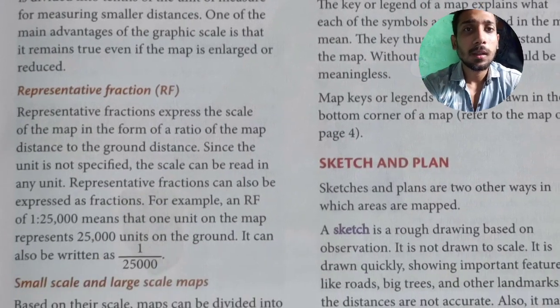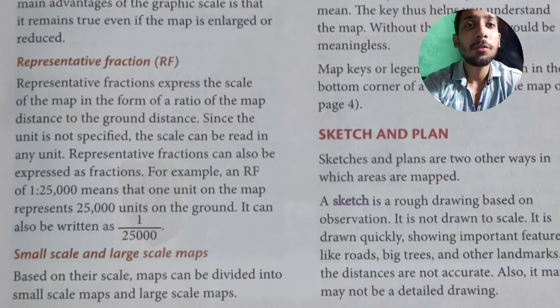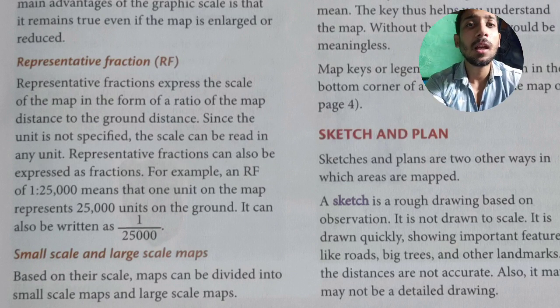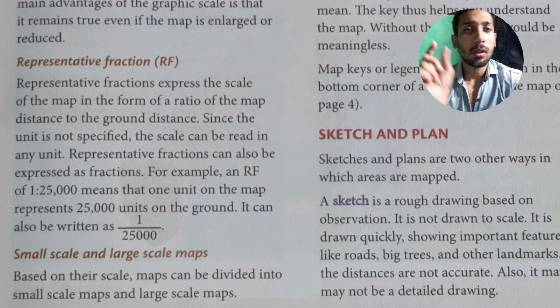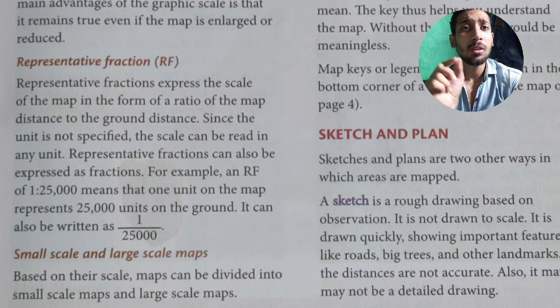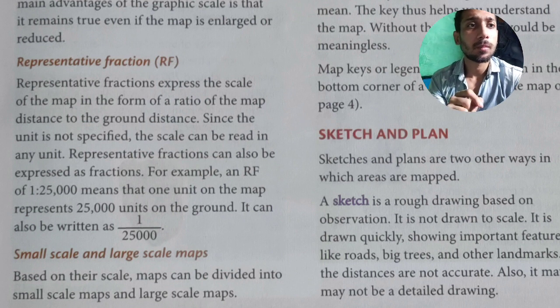So thereafter, we will go for the representative fraction. Representative fraction mainly expresses the scale of the map in the form of a ratio of the map distance to the ground distance. Like on the plotting of the map, we can get a measurement like 1 centimeter, okay, 1 millimeter. But this is not the exact distance on the ground, on the earth surface, okay.